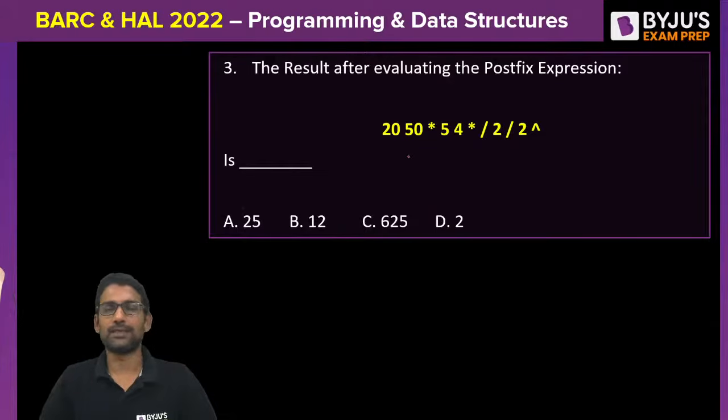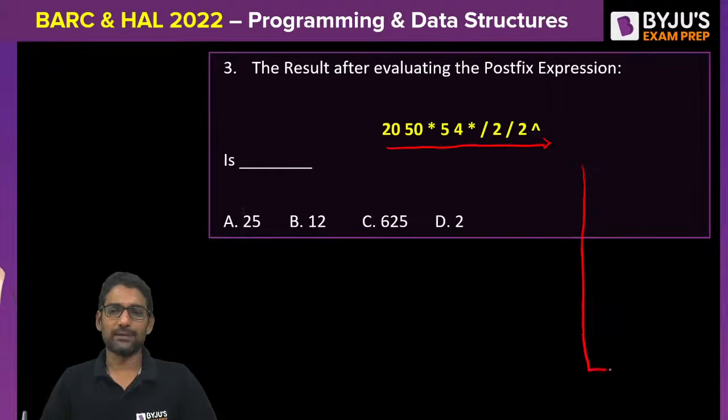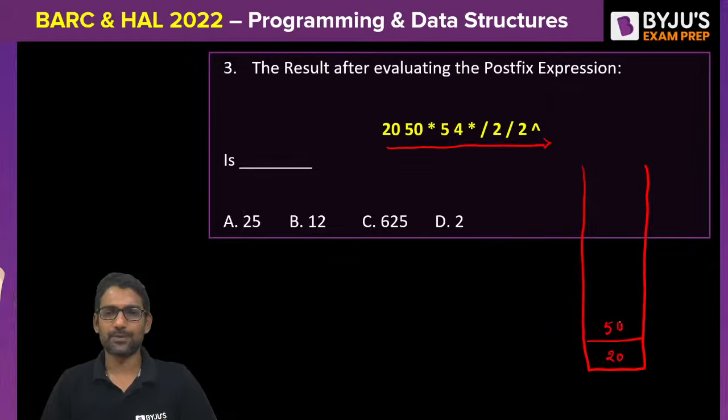Okay, let's look at it. How to evaluate the postfix expression? Scan from left to right. If operand, we push on to the stack. So first 20 is pushed, then 50 is pushed, then multiplication.